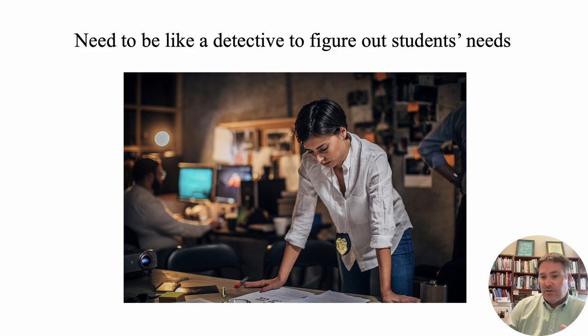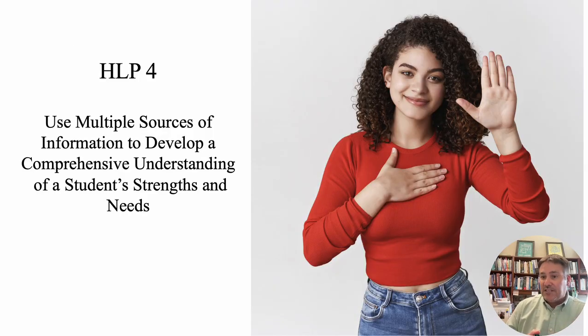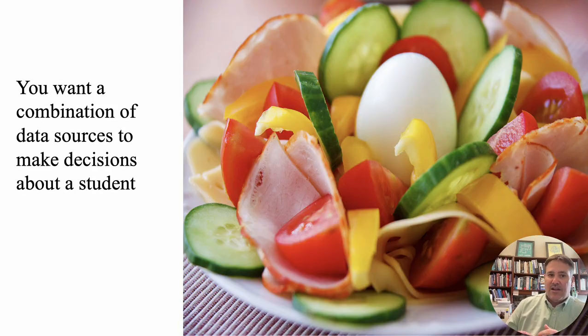One of the ways that I do that, if you attended or will attend my session on high leverage practices during this conference, is high leverage practice number 4, where I use multiple sources of information to develop a comprehensive understanding of students' strengths and needs. What that really means is I want at the restaurant a combination of foods.